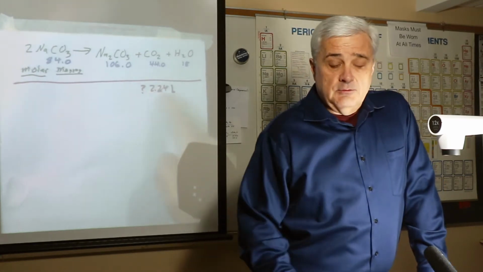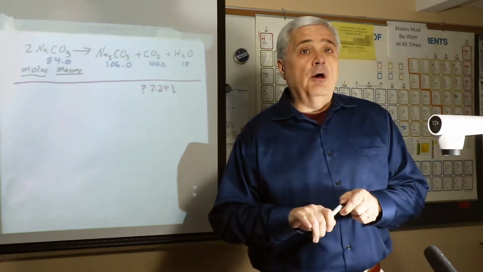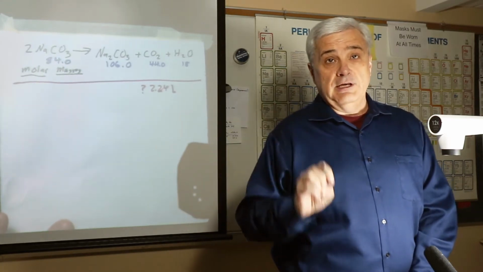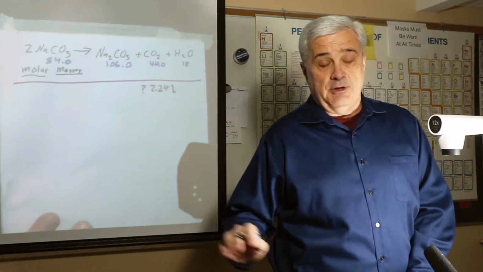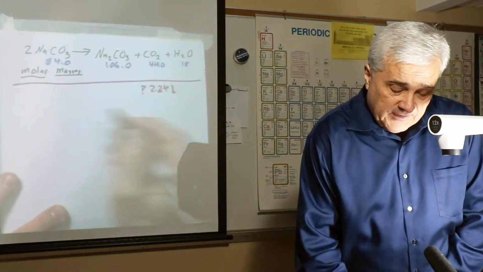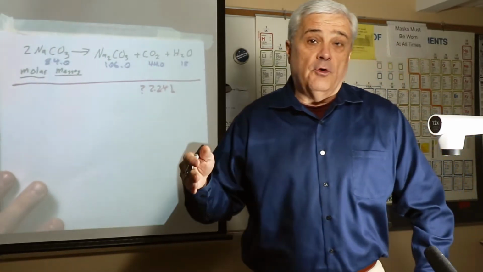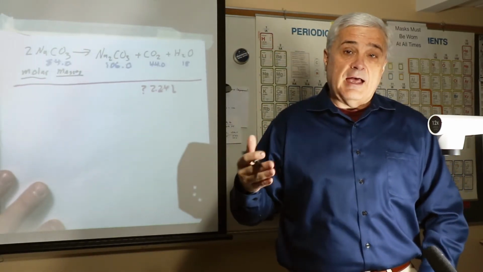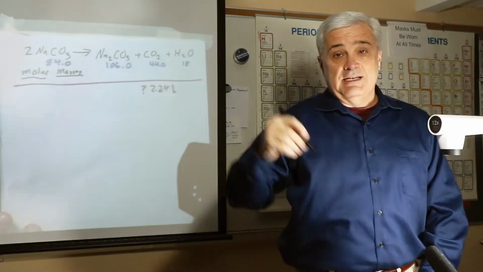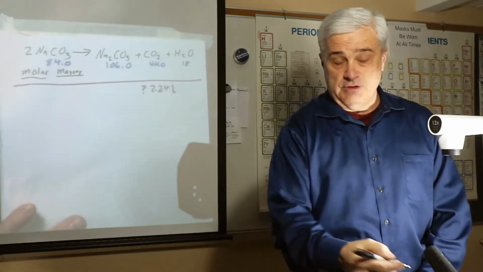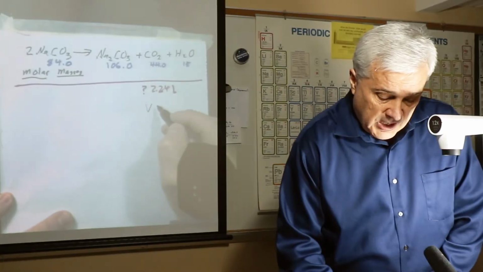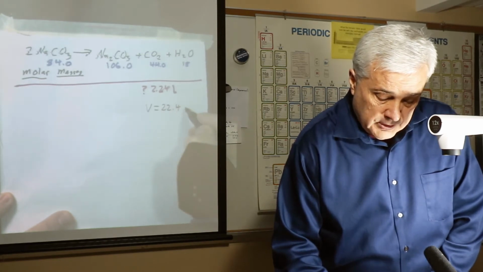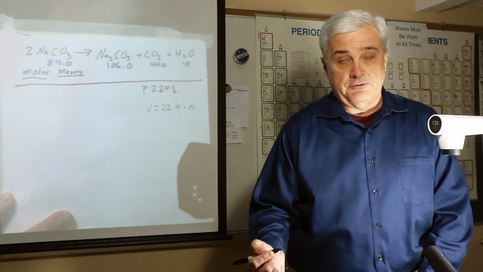How do I get from liters to moles? Well, that's super easy, because we know, or we can look it up, that 22.4 liters of a gas at STP is 1 mole. So if 22.4 liters is a mole, the volume is equal to 22.4 times the number of moles.